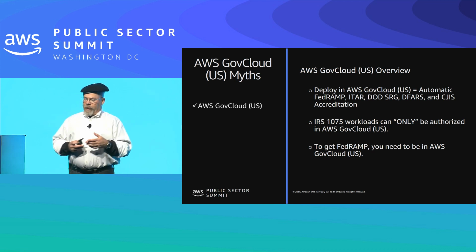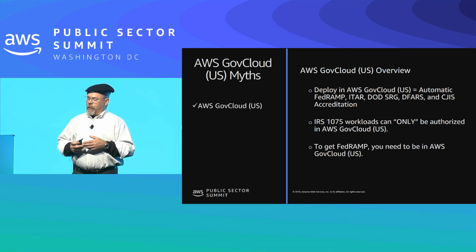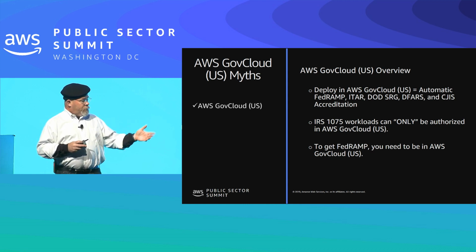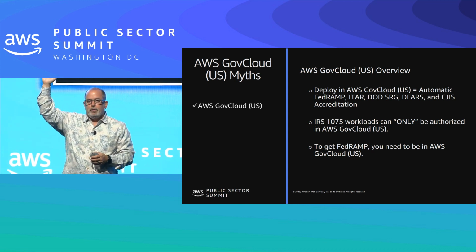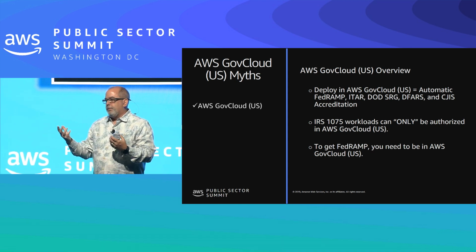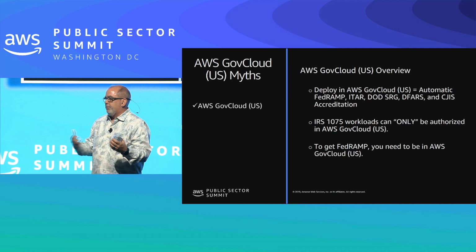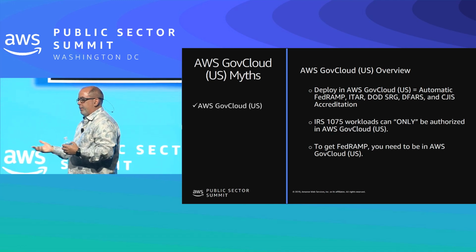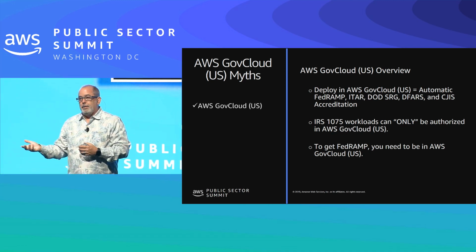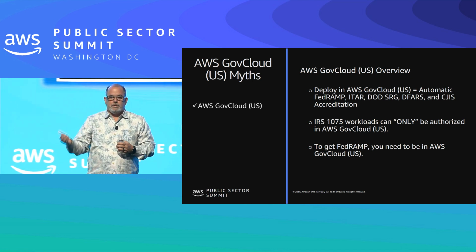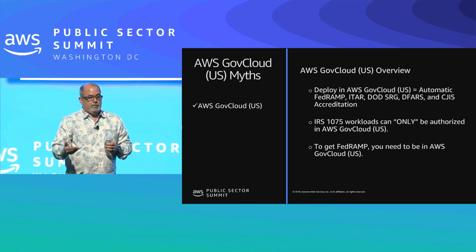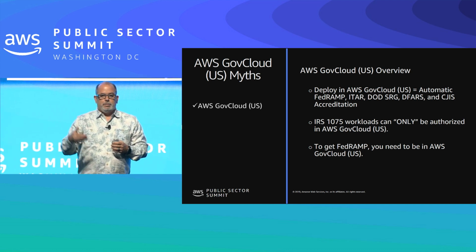And the example of the IRS 1075 workloads, they can only be authorized in AWS GovCloud. Is that a myth, Tim? Yeah, it's a myth. How many people have heard of IRS 1075? It's based on NIST 800-53. It's very similar to FISMA or FedRAMP. It's primarily used a lot in our state and local government, especially for the Department of Health and Human Services, organizations that process payments like child support payments.